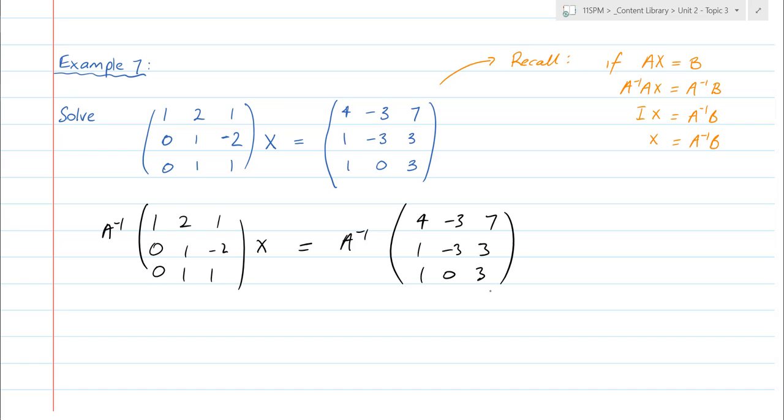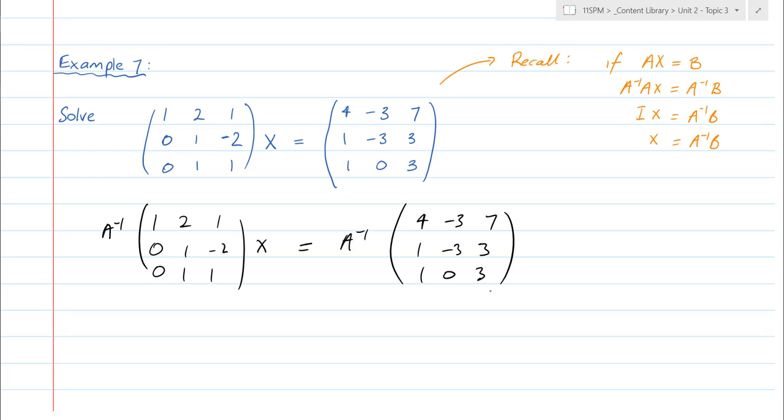So I'm going to get that matrix on my calculator and I'm going to multiply it by, let me see if I can get this to work. Shift answer times a 3 by 3. And I'm going to input into that 3 by 3 my B matrix here, which is 4, negative 3, 7, 1, negative 3, 3, 1, 0, 3.